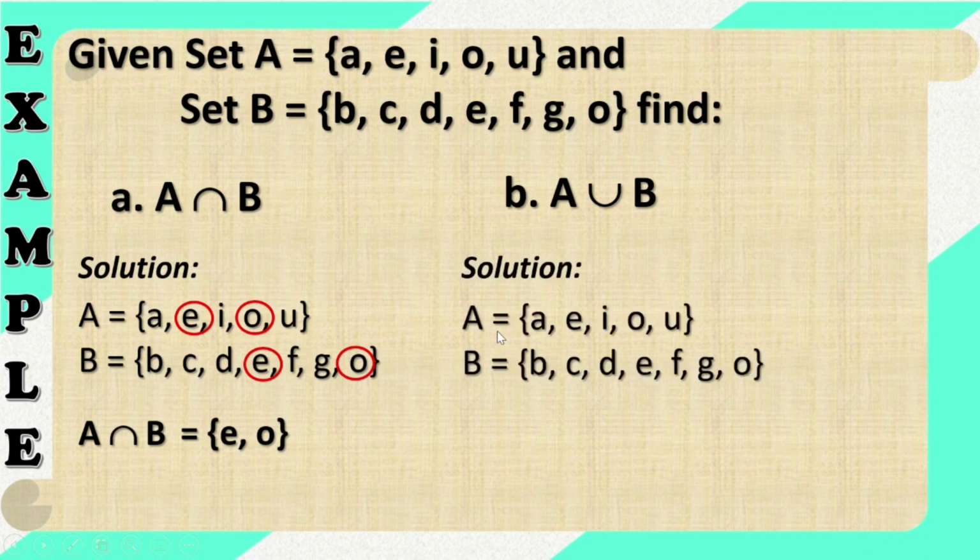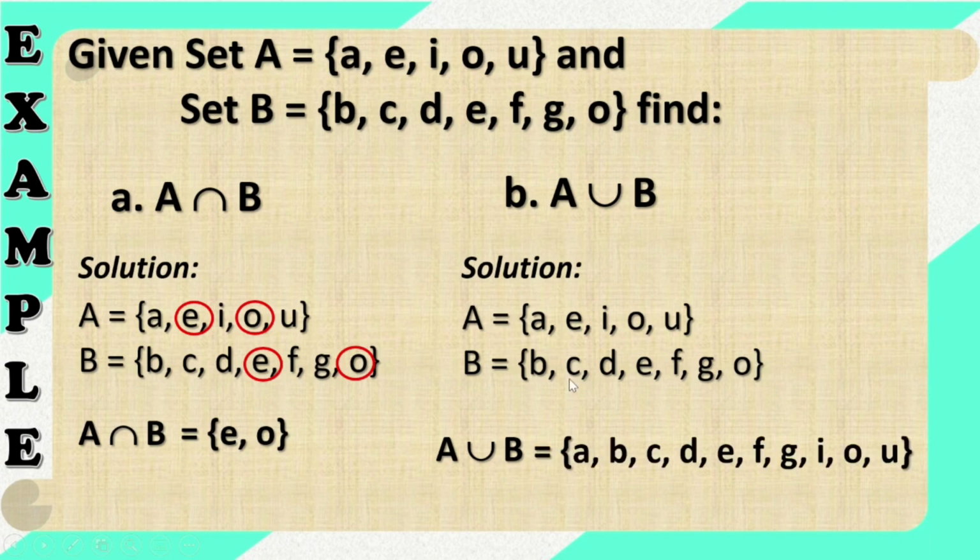For letter B, A union B, so here are the elements of set A and set B. So, we have A union B, isusulat natin lahat ng elements na nasa set A and set B. So, we have A, B, C, D, E. So, naulit yung E. Isang beses lang isusulat.